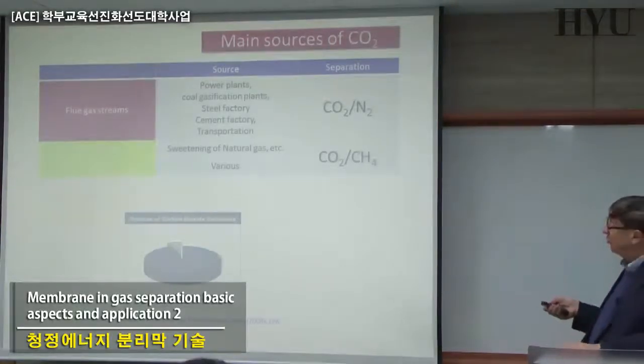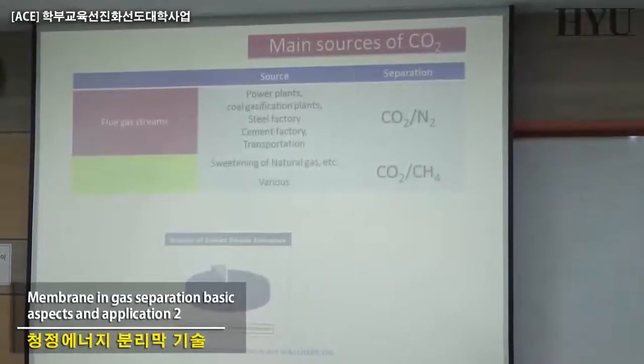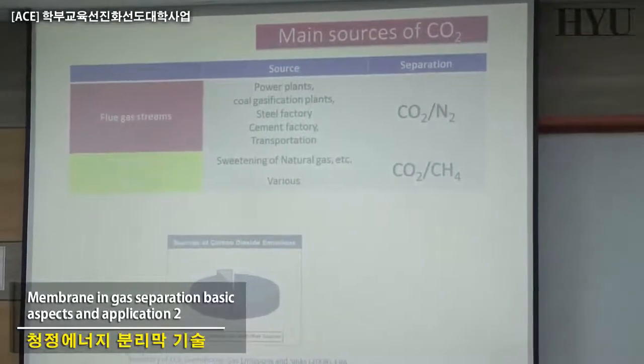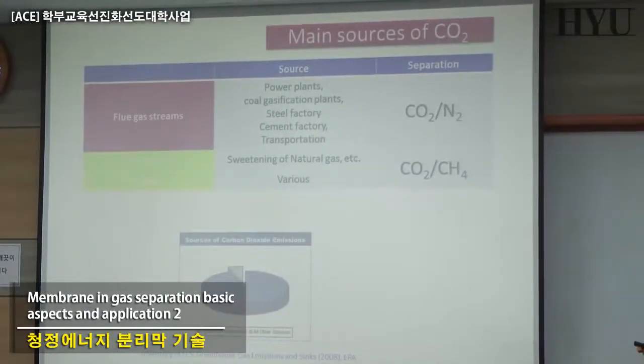We have a few minutes more, but just to show you what we are talking about, this is an example of one of these large projects on CO2 recovery in progress in Europe, NanoMemPro. People have been deciding where the CO2 is coming from.